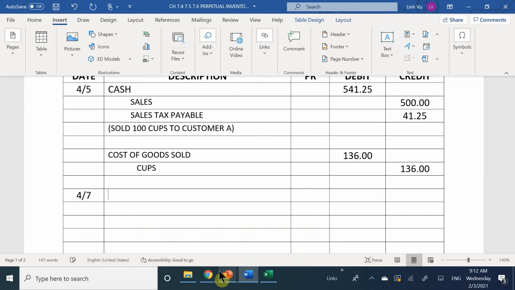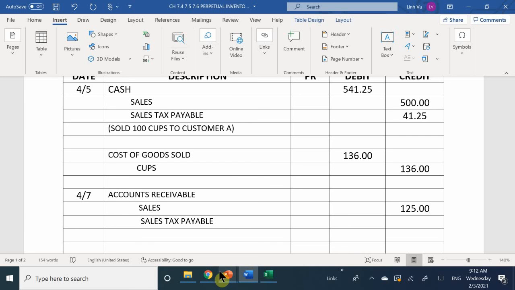So accounts receivable, sales, and what else? Sales tax payable. And how much was my total sales? $125.